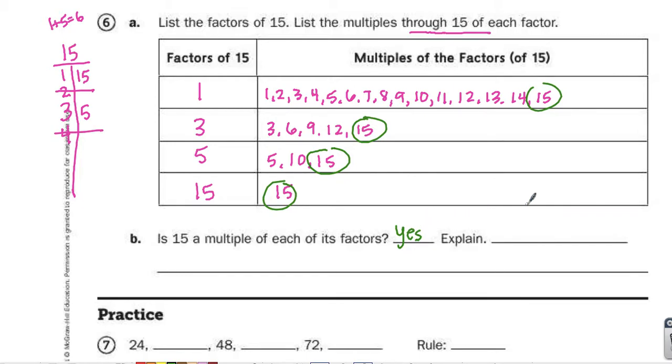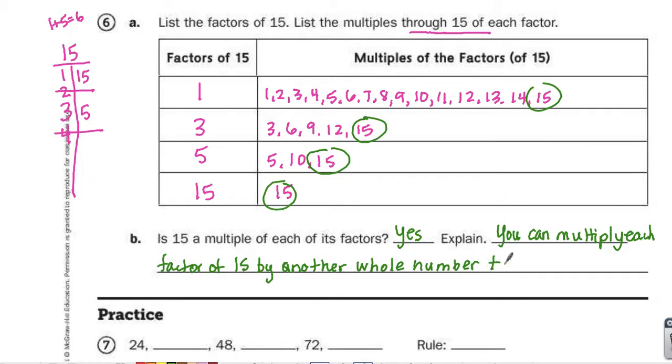If I were to explain, I would say you can multiply each of the factors of 15 by some other whole number to get 15.